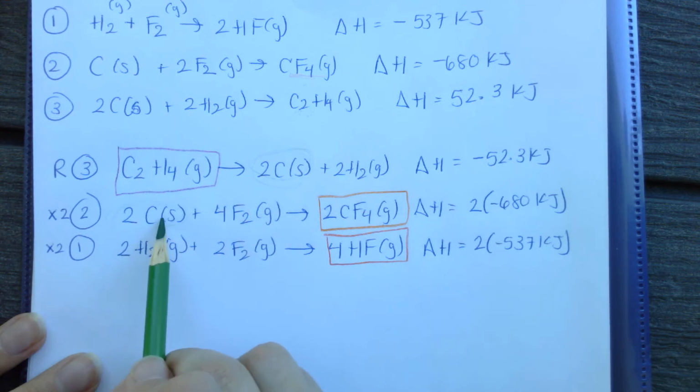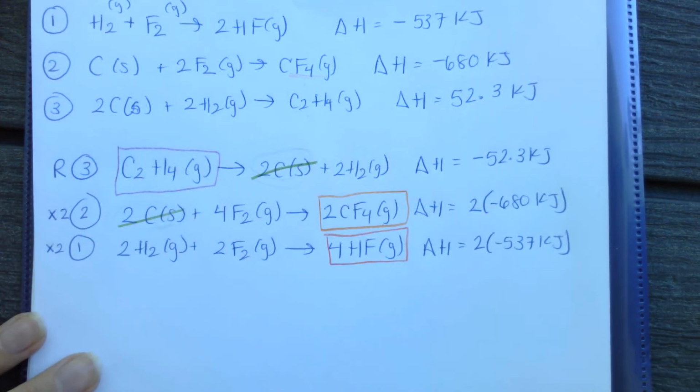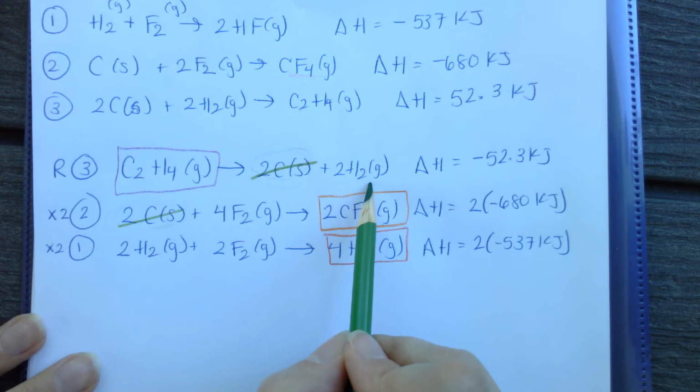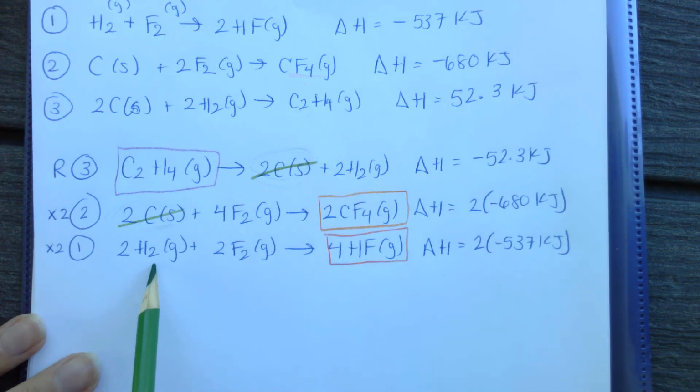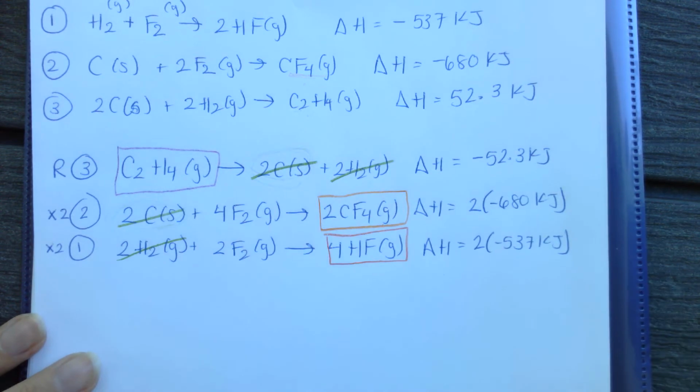So products here, reactants here, those cancel each other out. Okay, so those ones eliminate one another. I see I have 2 hydrogen gas as a product, and now I have 2 hydrogen gas as a reactant. So those cancel each other out as well.